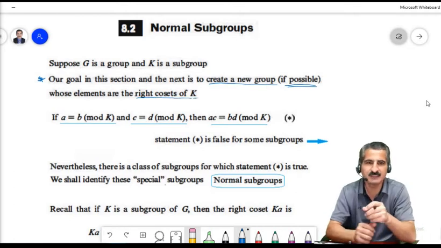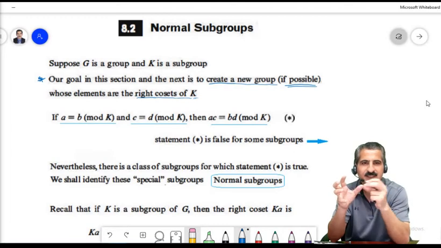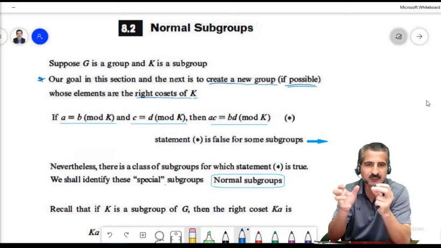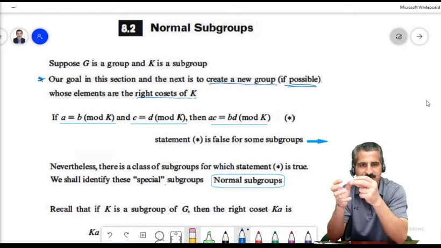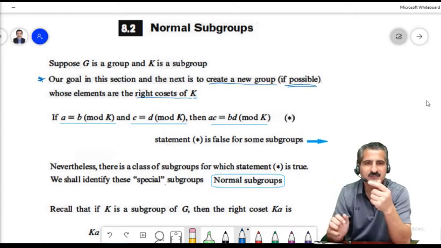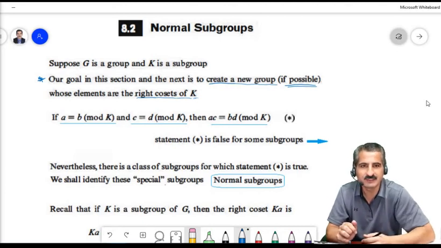So the idea again: we have a group G and the subgroup K inside it that enjoys some property, which we call normal subgroup. And then what we do, we take the cosets of K. We have seen the cosets of K are subsets of G. Now these cosets will be the elements of the new group that we are going to define.